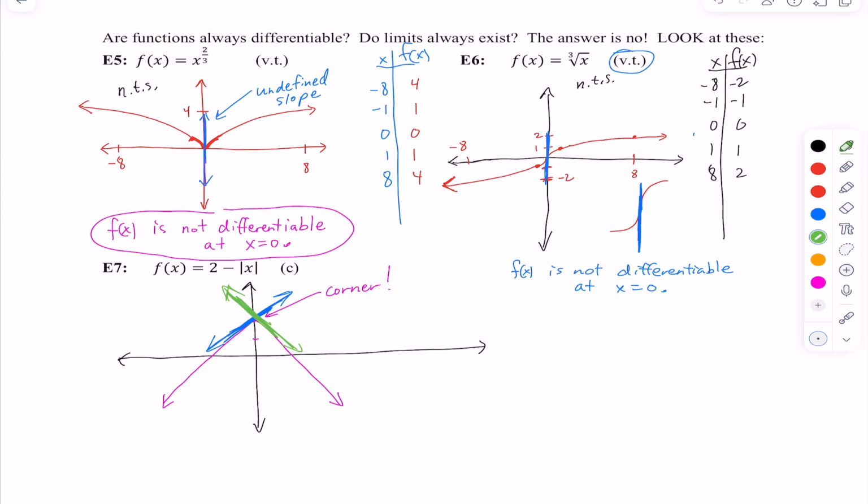So that can't happen. We can't have two different slopes at the same point of tangency. So here we have a corner. Once again, the function isn't smooth, so it's not differentiable. We could also conclude that this function is not continuous. I'm sorry, not differentiable at x equals 0.